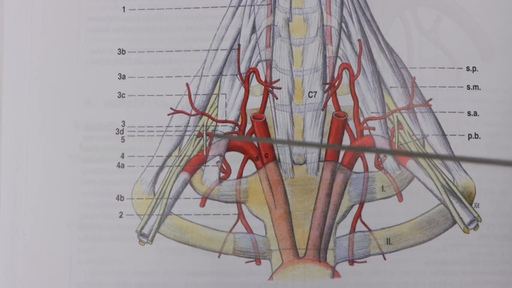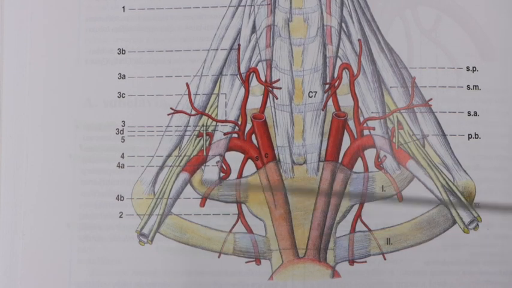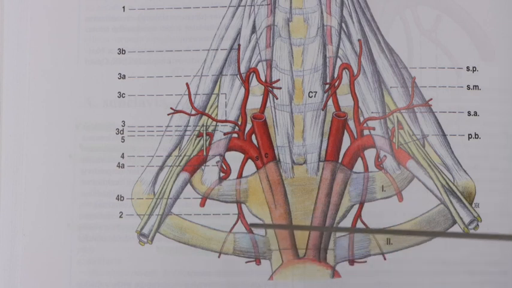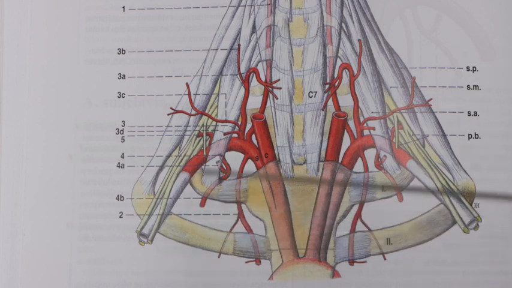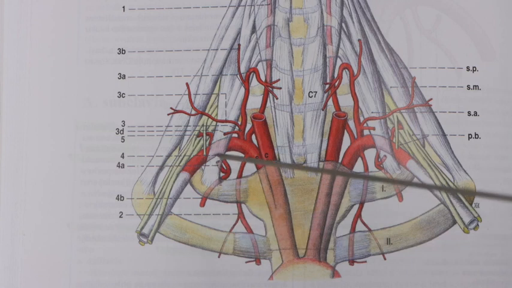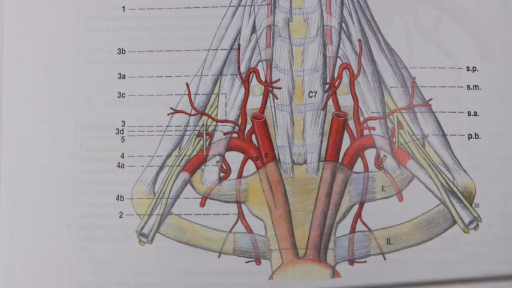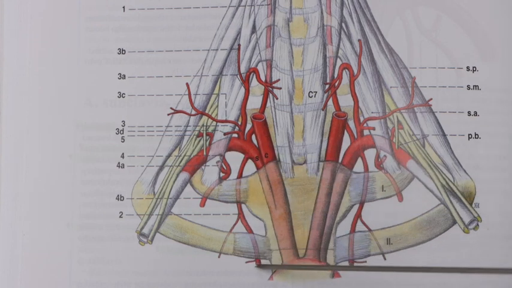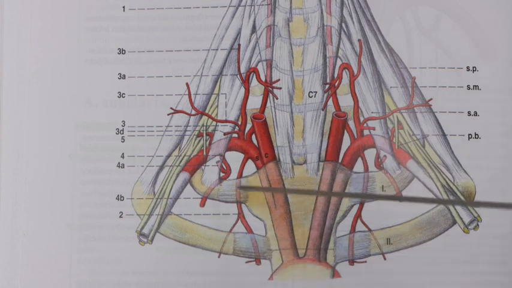The highest intercostal artery, or intercostalis suprema, a branch of the costocervical trunk from the interscalene part of the subclavian artery, supplies the posterior part of the first and second intercostal spaces. So as you see, they are not supplied by the aorta, but by branches of the subclavian artery. The anterior part of all intercostal spaces is supplied by branches of the internal thoracic artery, which arises from the subclavian.